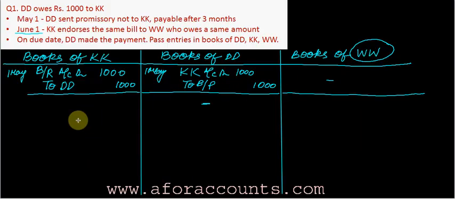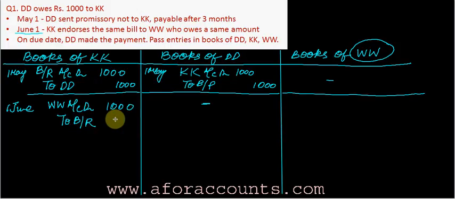So in the books of KK on 1st June, the entry will be WW account debit because WW is receiving it. So WW account debit by 1000 to bills receivable. Now I no more hold them.